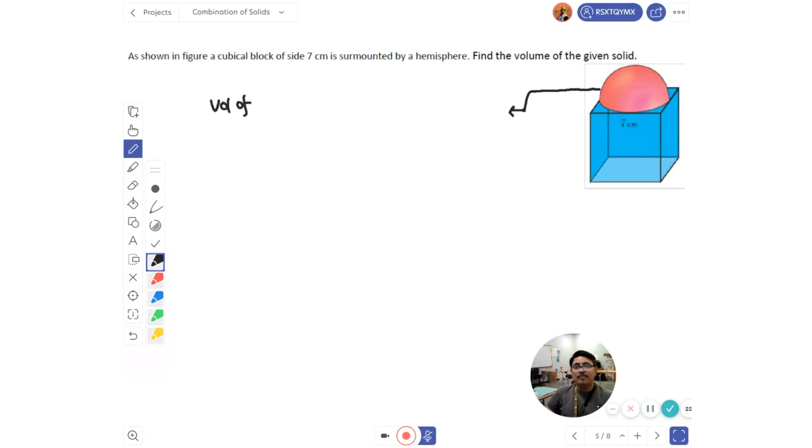Volume of a hemisphere equals 2/3 pi times radius cube. So 2/3 pi. Please remember we are computing two different values. Anyhow, we are going to sum up, so please express this one as a decimal number. So here the value of pi is taken as 3.14.